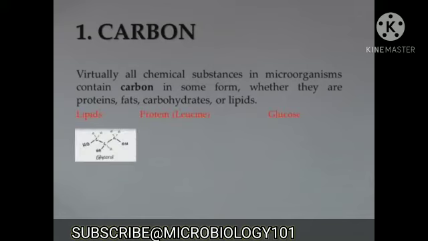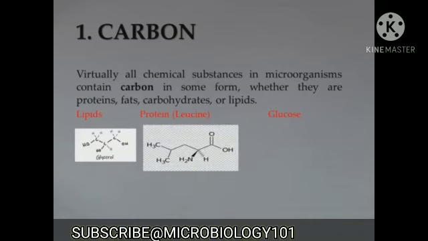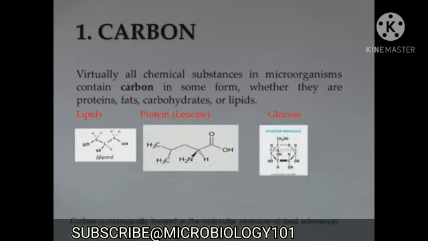In lipid, there is a backbone of carbon in the structure of glycerol. Likewise, in protein, most amino acids consist of a particular group of carbon in their structure. Like so, glucose has carbon in its structure. This carbon is strategically located in the molecular structure of most food substances and other related matter.